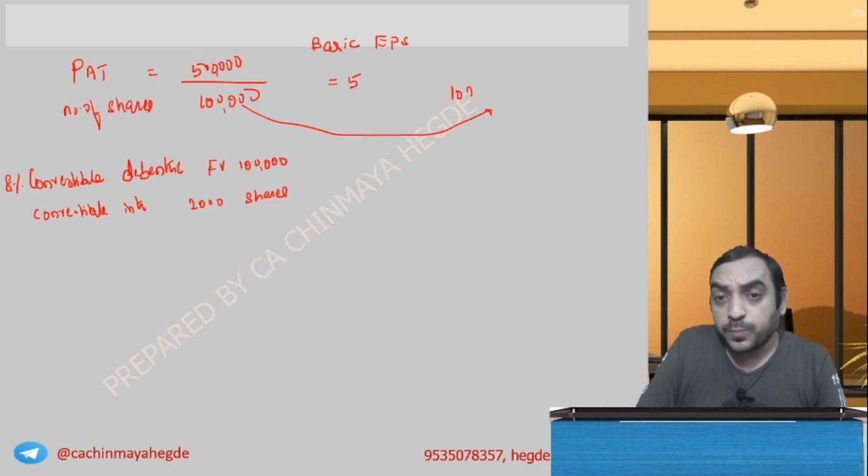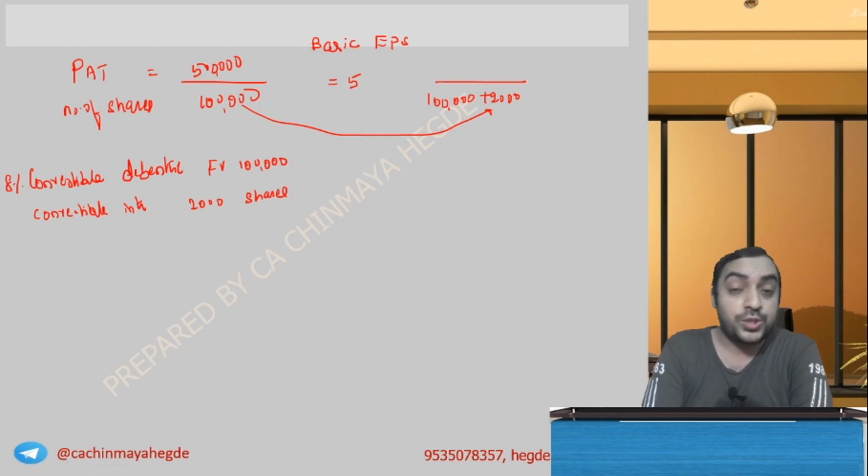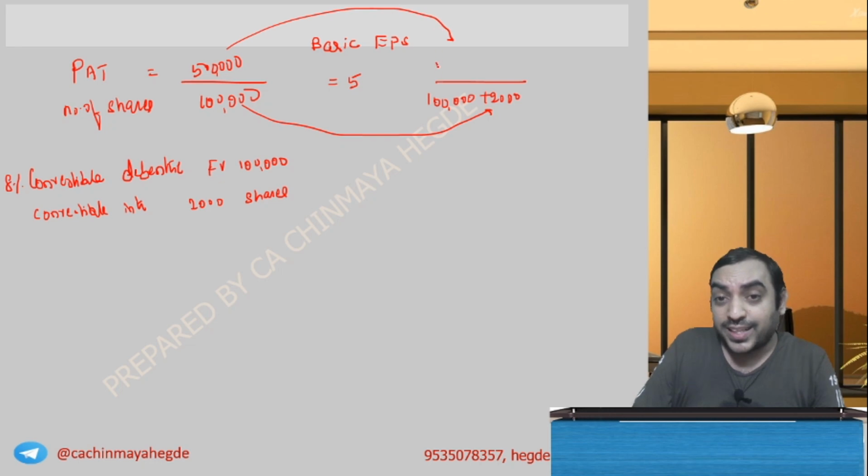Now, when this debentures become shareholders, what will happen to this 1 lakh? 1 lakh will become 1 lakh 2000, correct? That will increase by number of shares. 2000 will be increased by the potential shares when they become shareholders. Now, what will happen to profit? Assuming profit remains same, profit after tax, that is 5 lakh.